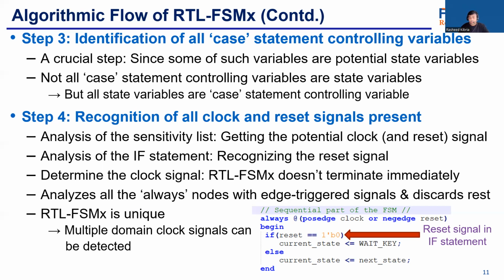It analyzes all the always blocks with edge-trigger signals, finds the registers, and gets all the clock signals from there, and all the other combinational logic blocks are discarded. This makes RTL-FSMx unique, because with this feature, multiple clock domain signals can be detected. And here I have shown an example of how a reset signal is specified in the if statement of a certain RTL code of a register.